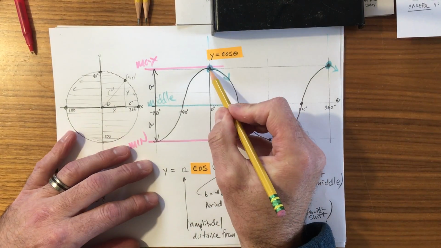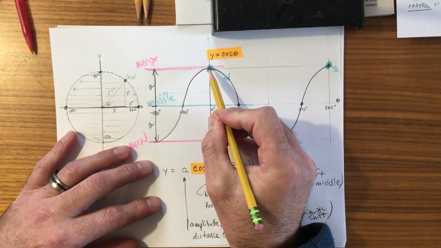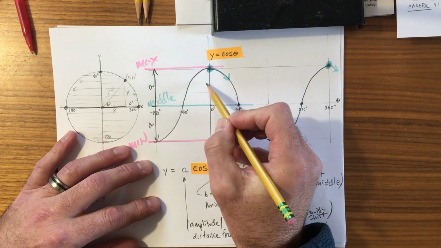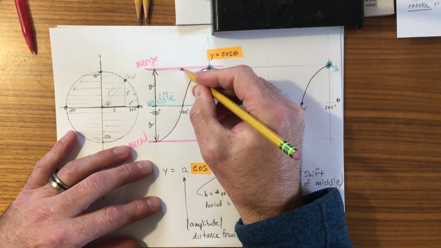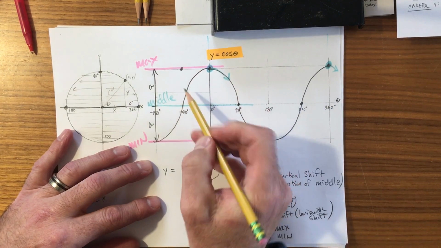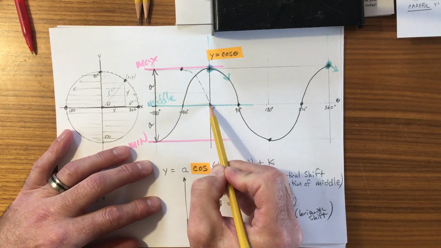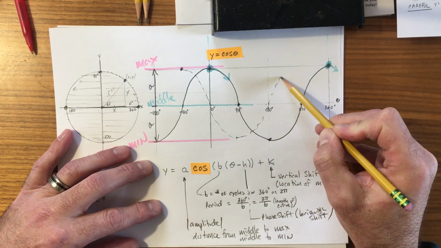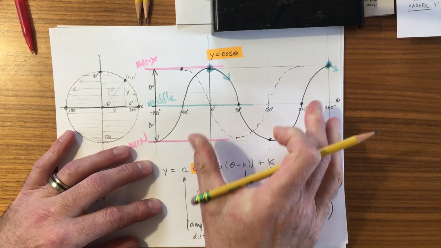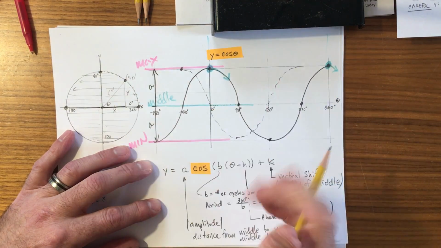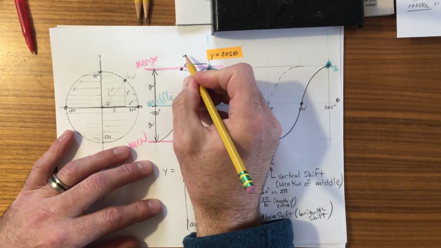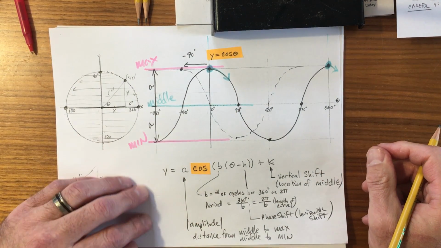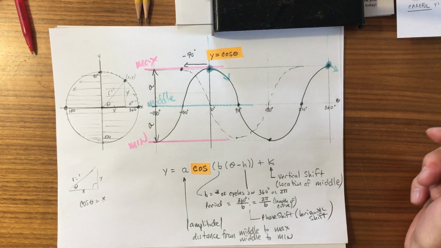And so, if instead of this maximum, this starting point, instead of being at 0, it were here at 90 degrees and our curve did something like this, okay, you'll notice that this whole thing is shifted 90 degrees negative. And so that would be a phase shift or a horizontal shift.